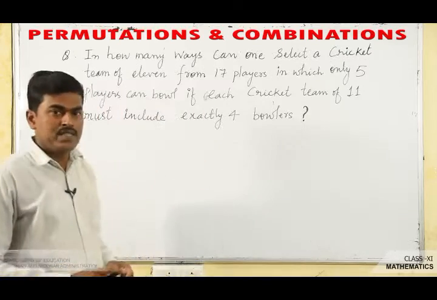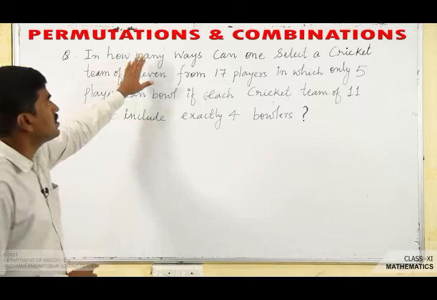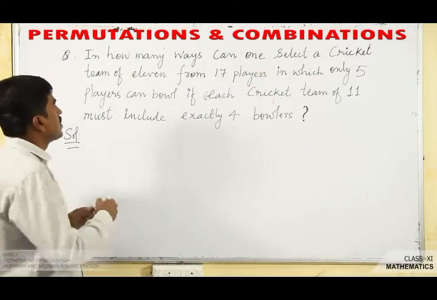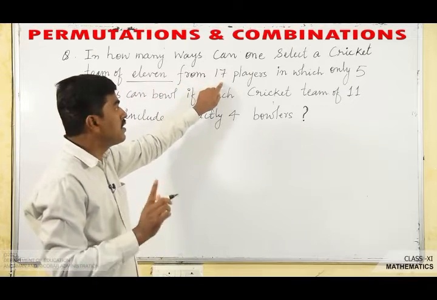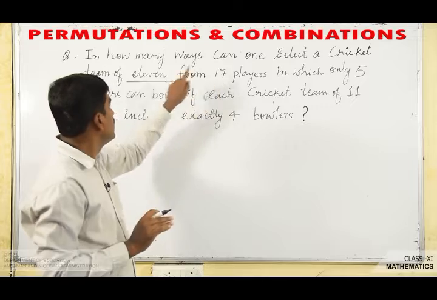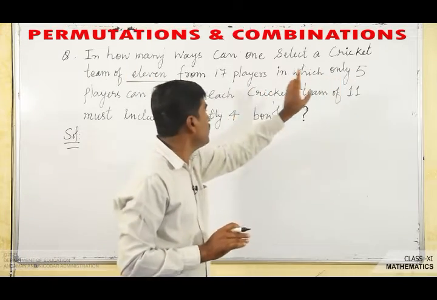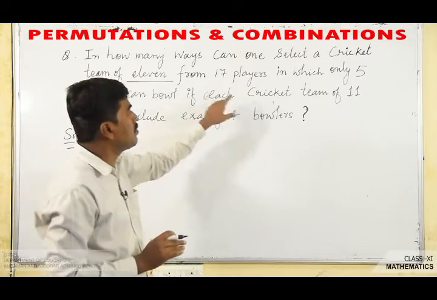Okay. Now let's move on to the next question. The question is, in how many ways can one select a cricket team of 11 from 17 players? 17 players are there, we have to select a cricket team of 11, in which only 5 players can bowl.